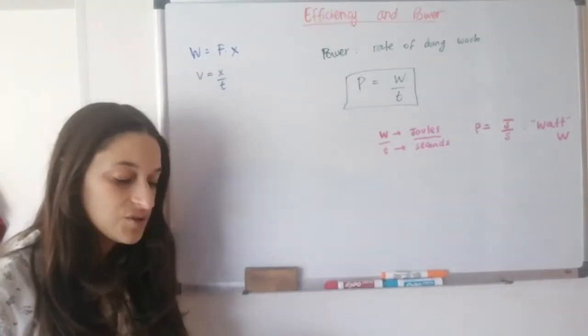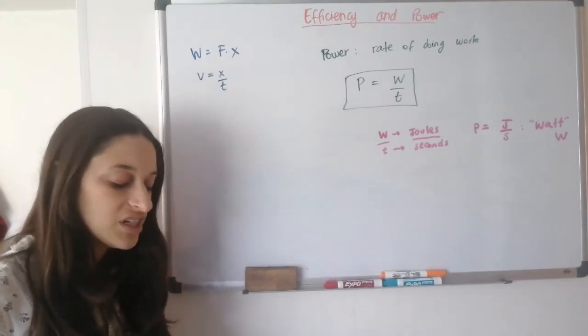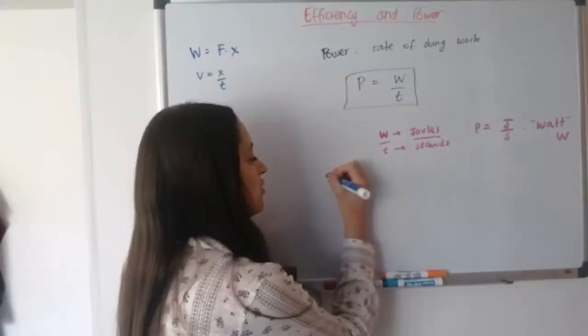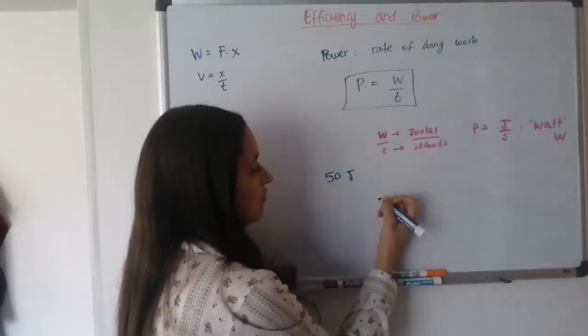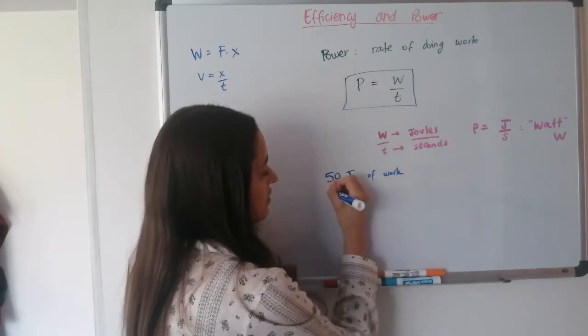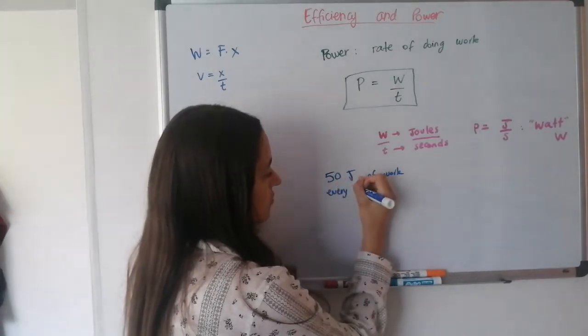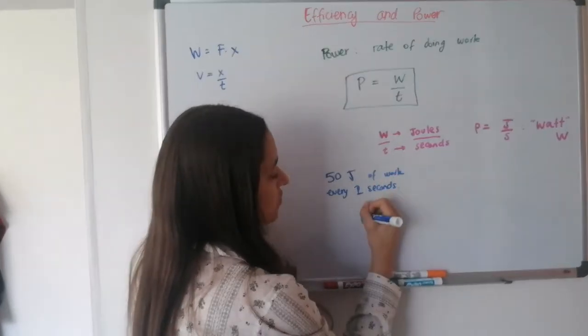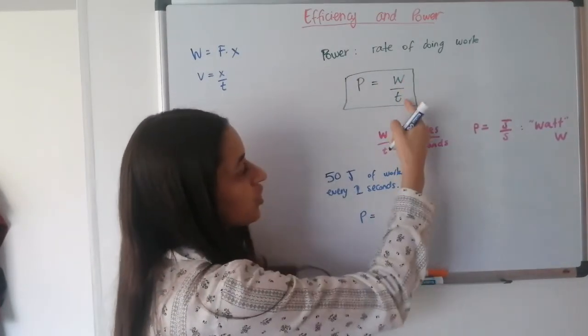So let's do an example. You have a machine that does 50 joules of work every 2 seconds. What is its power? Its power will be work over time.